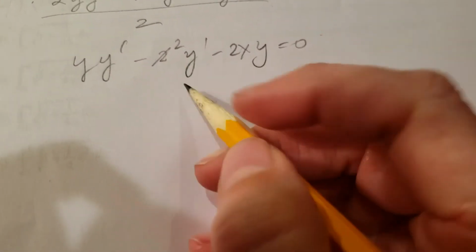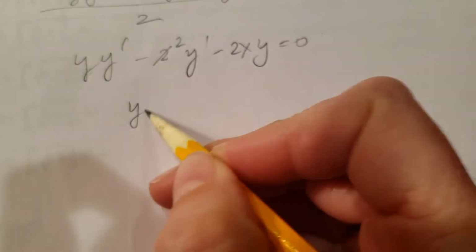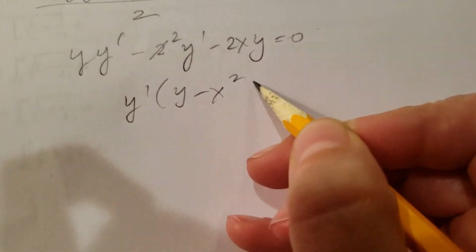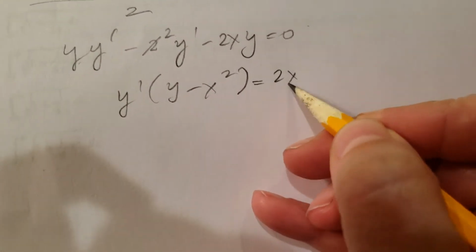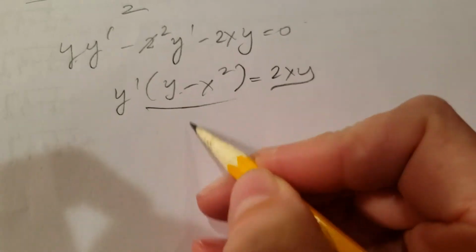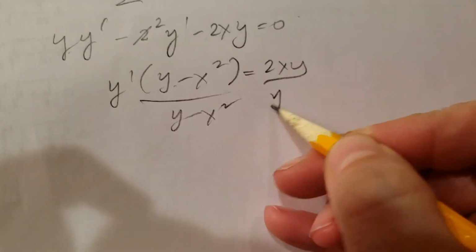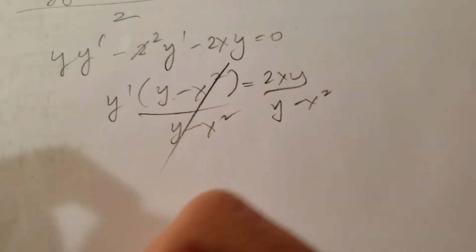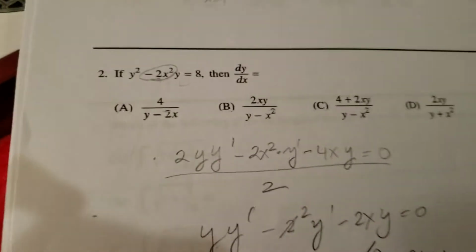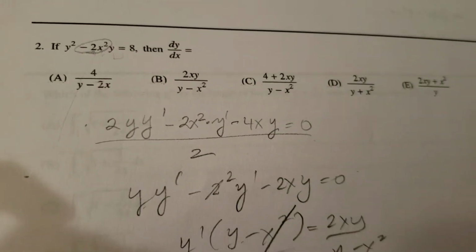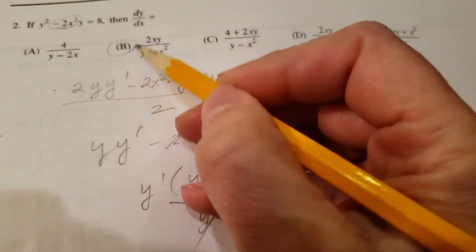Okay. Moving this over, adding 2xy and then factoring y prime from here. Get that. Divide both sides by this factor. And there you go. 2xy over y minus x squared. I don't know, it looks like choice B.